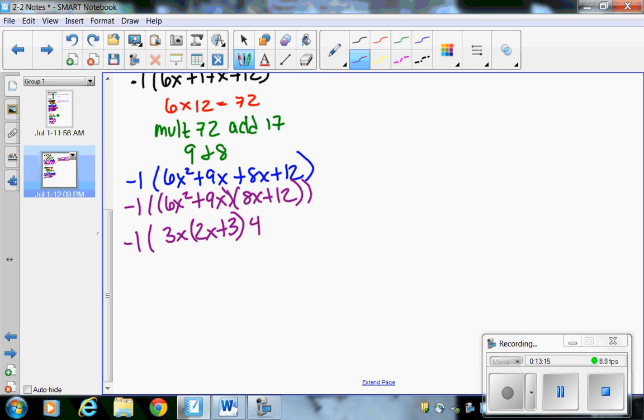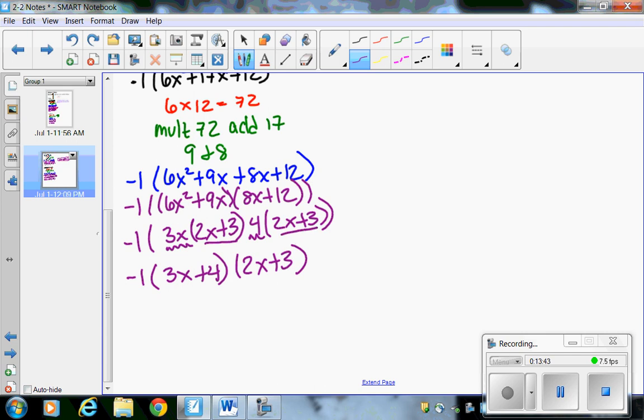I can pull out a 4, which is going to leave me with 2x plus 3. So then my answer would be the negative 1 times the outside ones get pulled together as 1. And I knew that was a plus because that's a positive 4. And then 2x plus 3. Because then remember that the common one only gets written once.